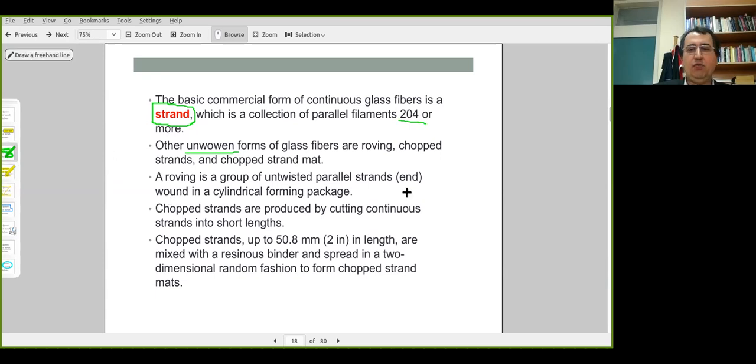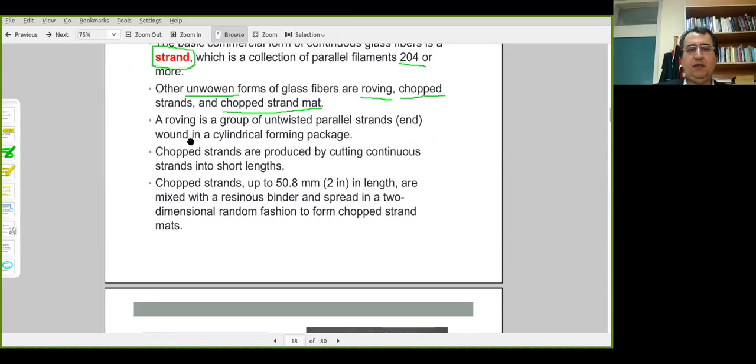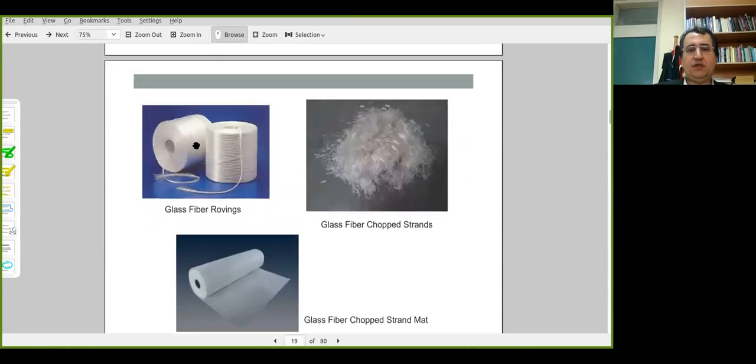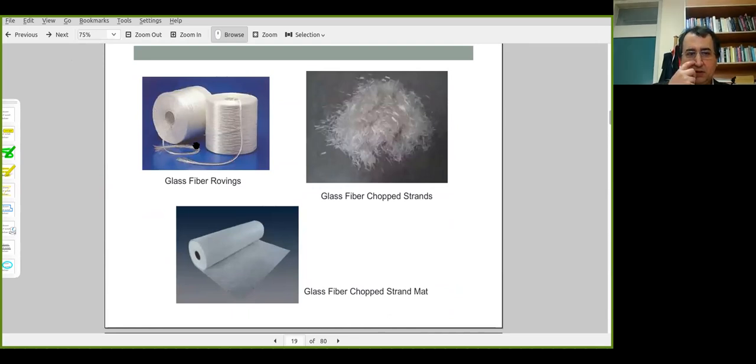Three main unwoven forms can be considered: these are glass roving, chopped strands, and chopped strand mat. These are the main unwoven glass fiber forms. They are shown in these pictures.